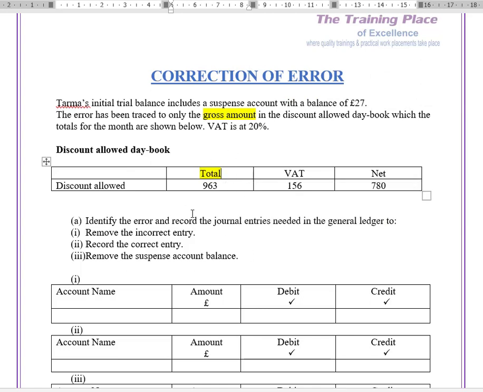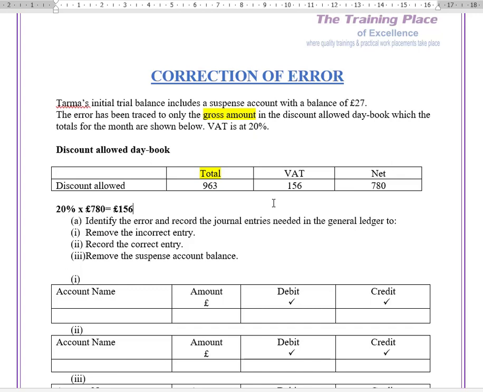And if I check it, 156 for VAT is exactly 1/5 of the net amount. That is to say, 20% of 780 should give me exactly 156, which it does. So my net amount is correct, my VAT is correct.